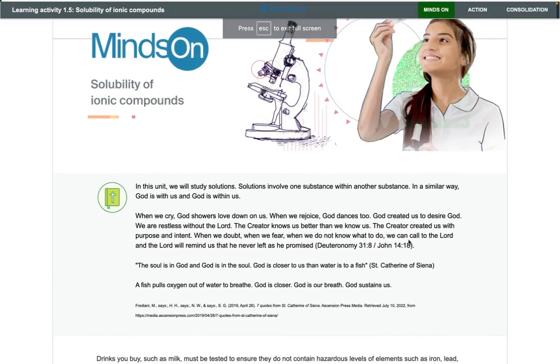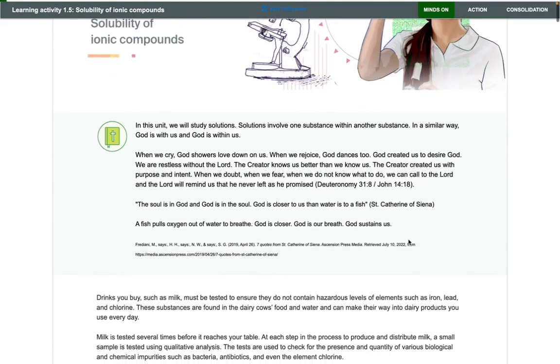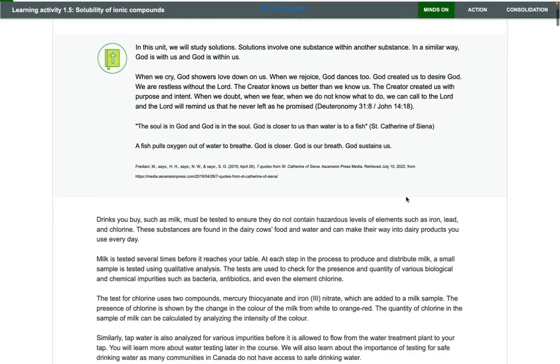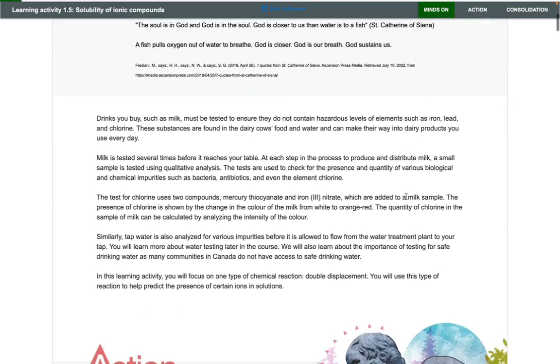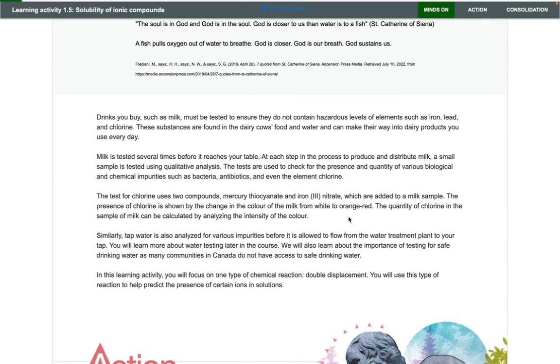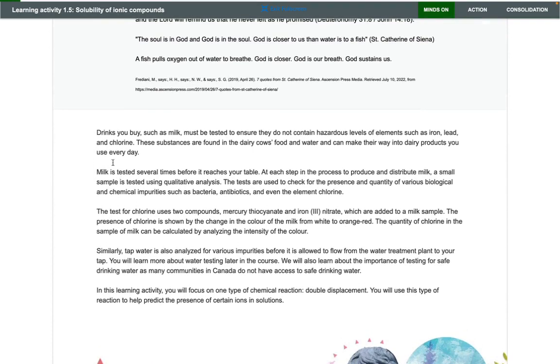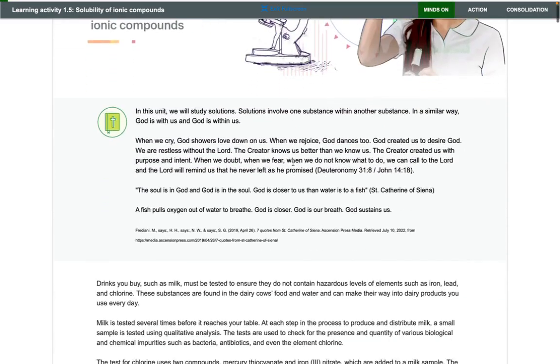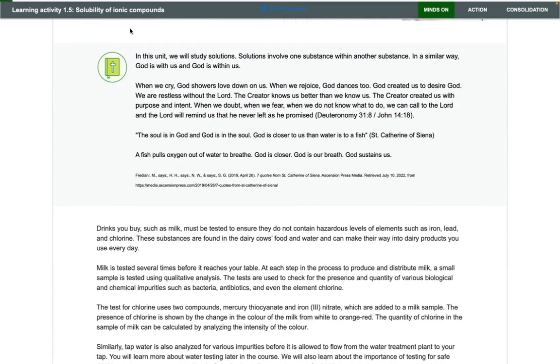Then down we go, reading through some of our Catholic expectations, if you're Catholic. And then right here are some interesting tests that they talk about for certain drinks that we buy, such as milk and tap water. Just notice that the title here is Solubility of Ionic Compounds.